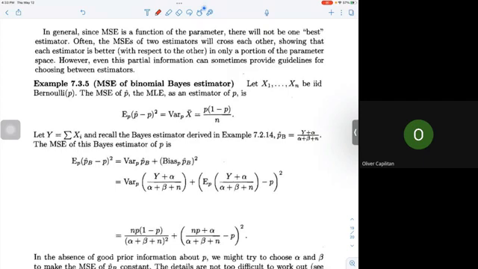After that, we considered one criterion for evaluating estimators, the mean squared error. There are other criteria that we're going to learn in our next meetings. Okay, so that's all for this afternoon. Any questions or clarifications before we go?